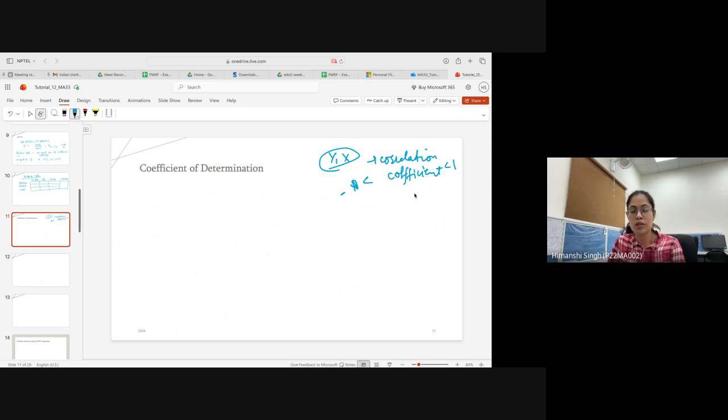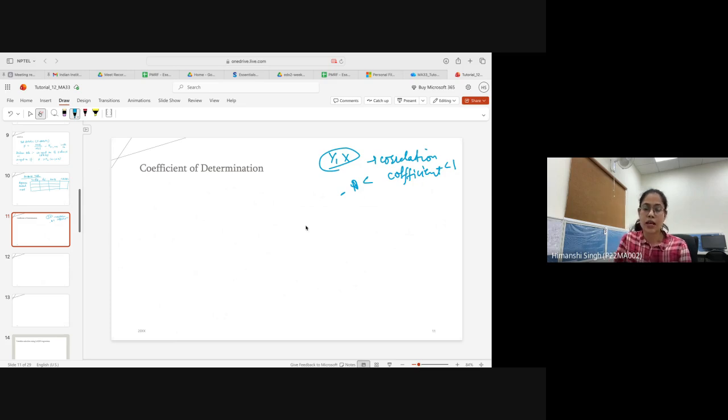If the correlation coefficient is towards one, like 0.95, then we say that there is a strong linear relationship between the variables y and x, and if we increase x, y will also increase.